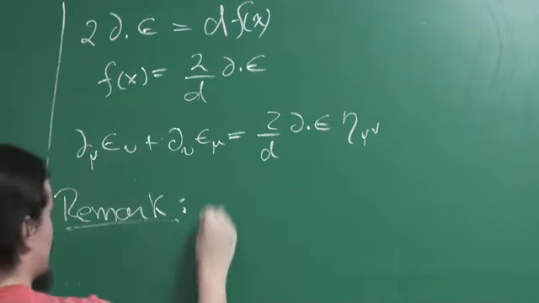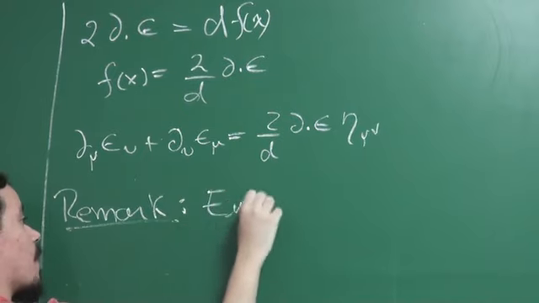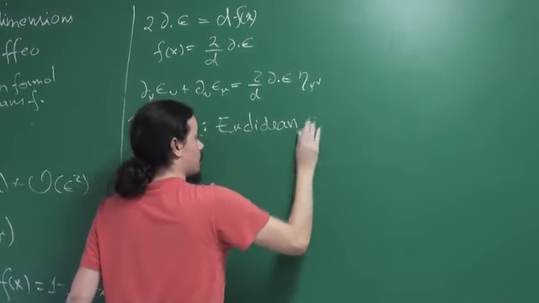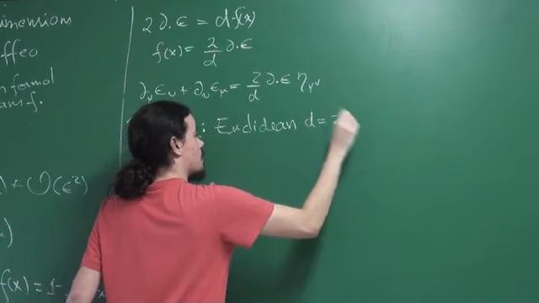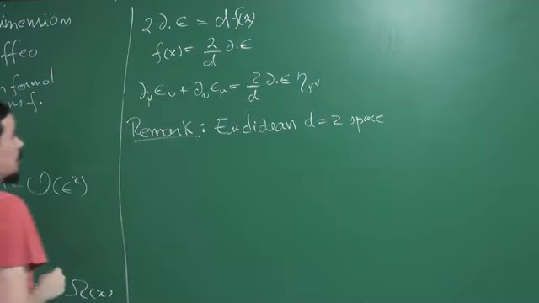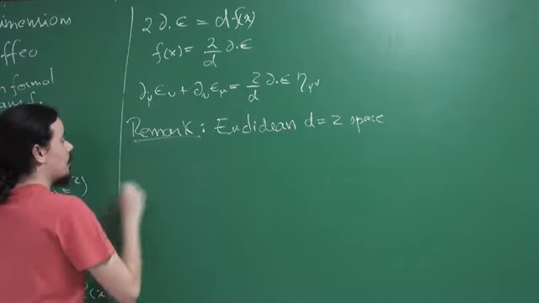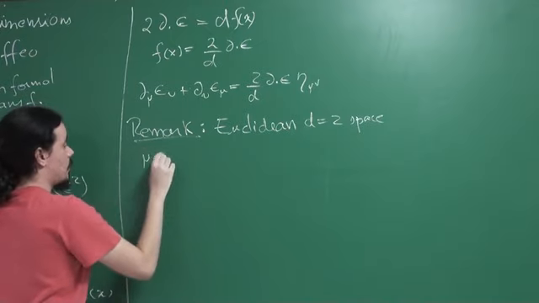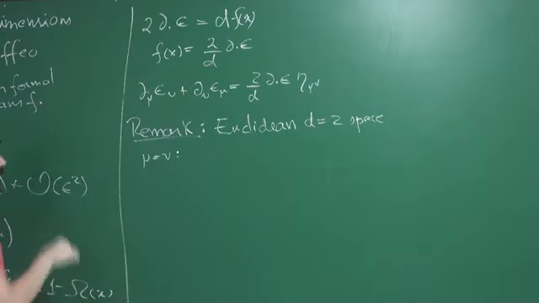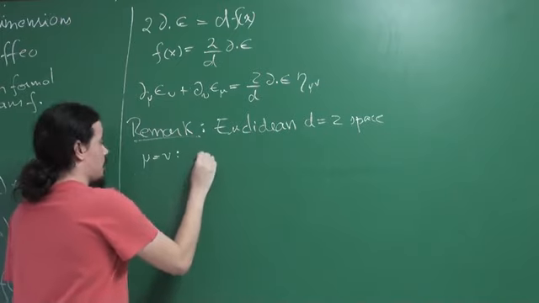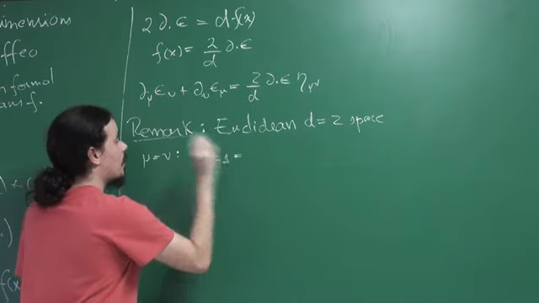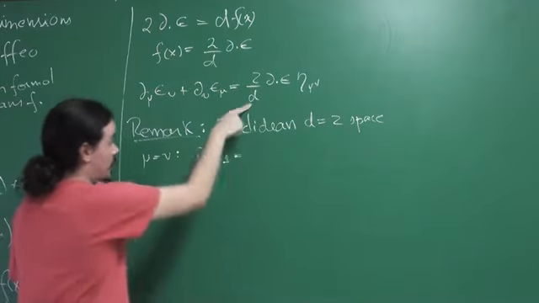If we have a Euclidean two-dimensional space, then these equations become, for example, the mu equals nu components. They will furnish the same equation. It's going to be this equation, equals 0, because the d will cancel, right?